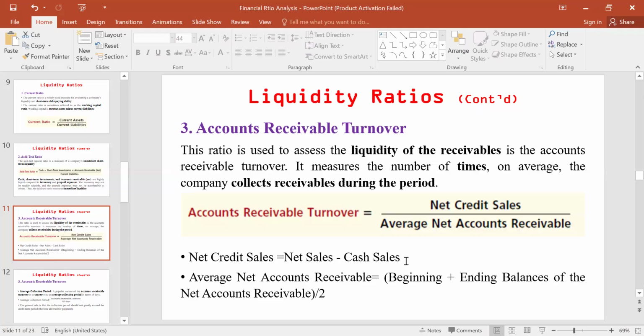Here is the standard benchmark. If you are able to collect your money from customers in less than 30 days, this is excellent. 30 to 45 days is good, and average or acceptable is 90 days. Over 90 days, your financial position and your goodwill are not good for your organization.